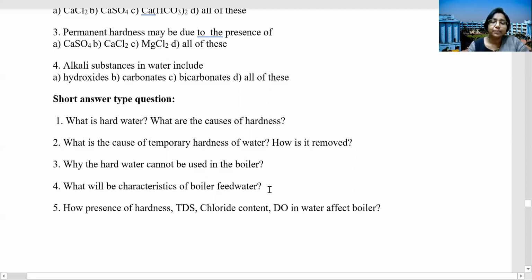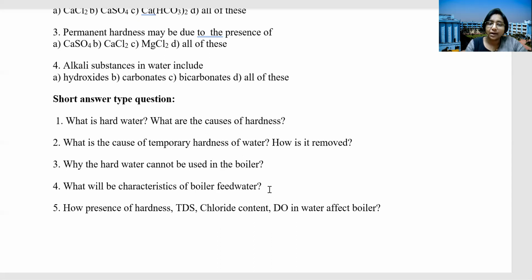It is very important. You have to discuss the different parameters, like the TDS value, chloride ion, and the presence of dissolved oxygen, whether it should or should not be present and how much is tolerable. And for hardness also, soft water should be used. So these parts you have to discuss.